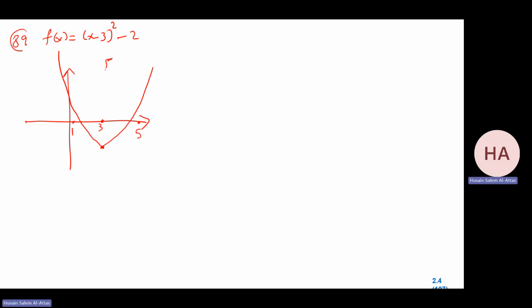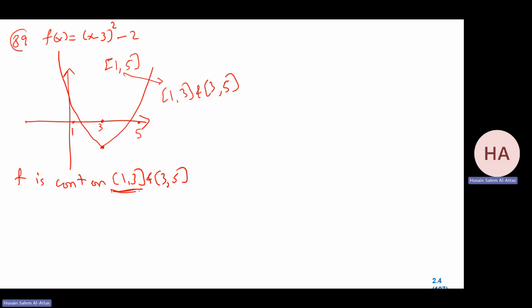I have the interval 1 to 5. Now, if I split the interval into 2 intervals, 1 to 3 and 3 to 5, the function is continuous everywhere.